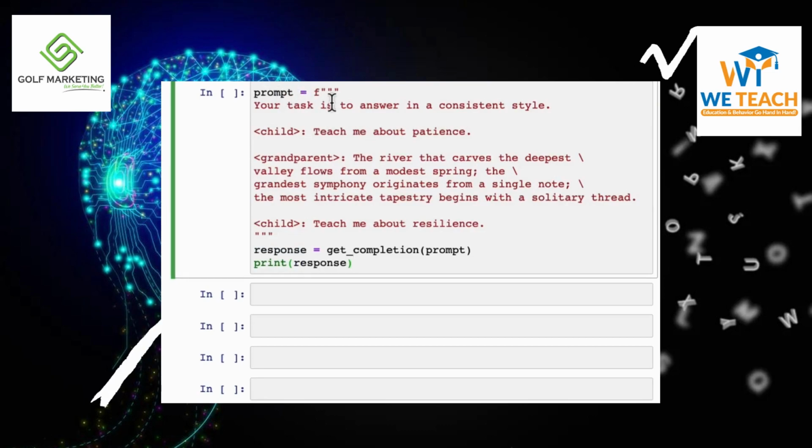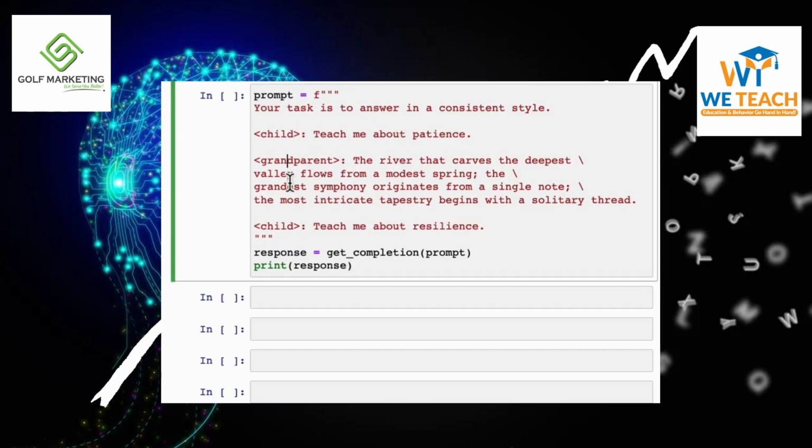In this prompt, we're telling the model that its task is to answer in a consistent style. And so we have this example of a conversation between a child and a grandparent. The child says, teach me about patience. The grandparent responds with these metaphors. And since we've told the model to answer in a consistent tone, now we've said, teach me about resilience.